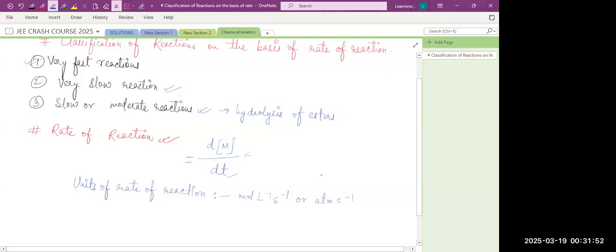Okay, so atm per second is used when the reactants and products are in gaseous state.